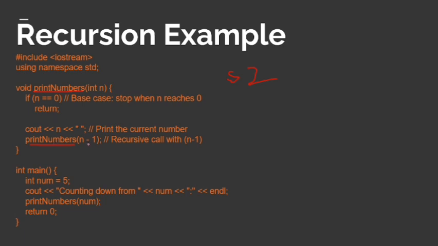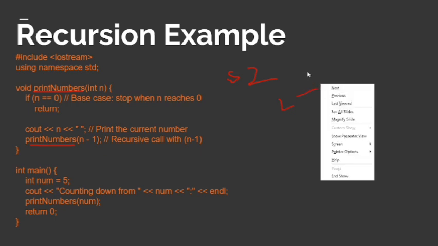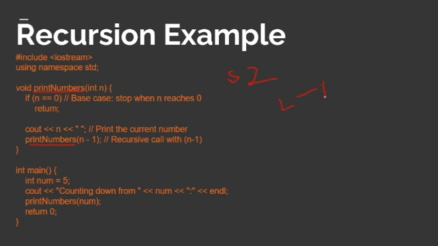In printNumber, 2 will get decremented. We know that 2 is the number that the user entered, and it will minus 1. 2 will minus 1, and now we know that the value has been changed.